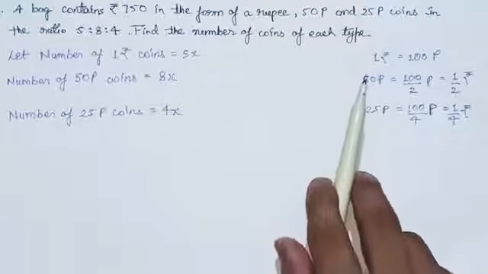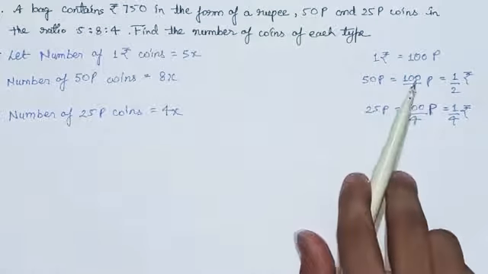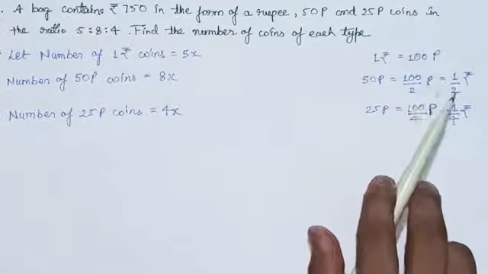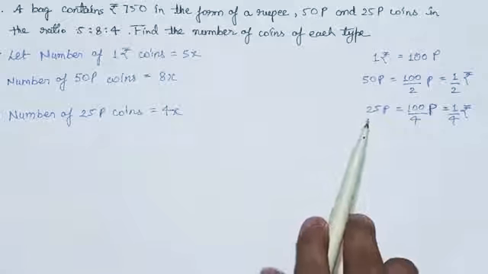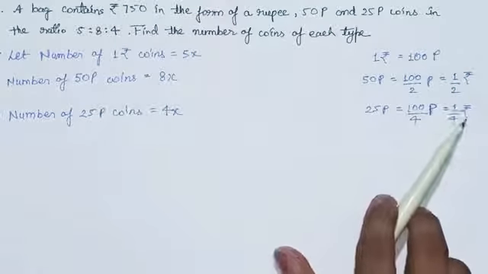Now students, you already know that 1 rupee contains 100 paise. So 50 paise can be written as 100 by 2 paise or 1 by 2 rupee. In the same way, 25 paise can be written as 100 by 4 paise or 1 by 4 rupee.